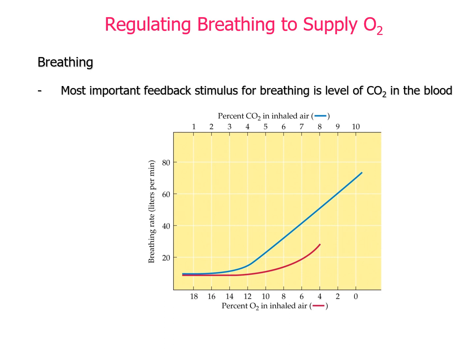Okay, so normally your breathing rate is about 500 times 20, 10,000, so normally it's somewhere down here, 10 liters per minute. But if you raise the percent CO2 in inhaled air, this experiment is done by increasing the percent CO2 in inhaled air, which normally is way down here.